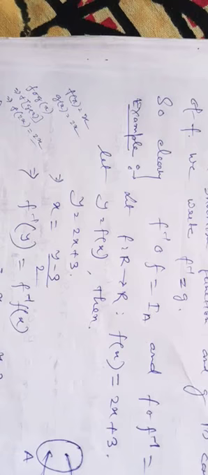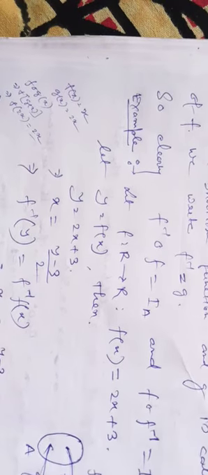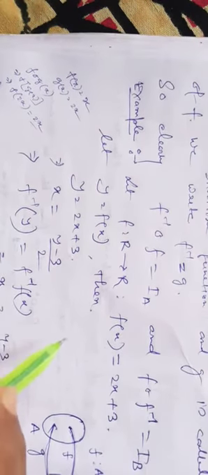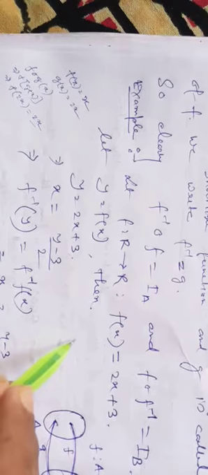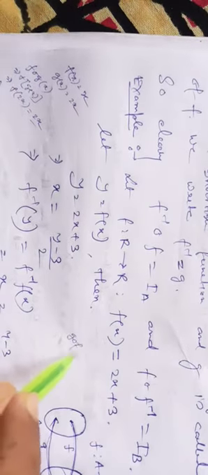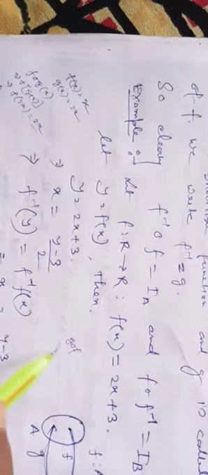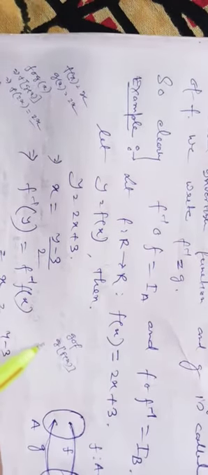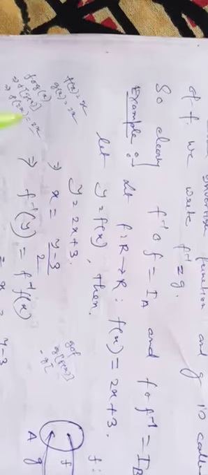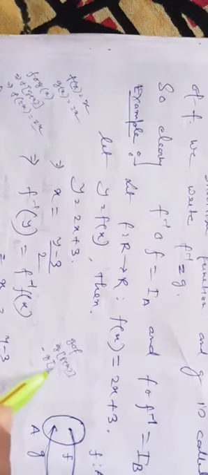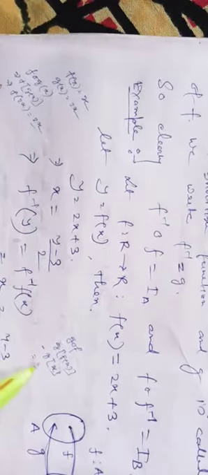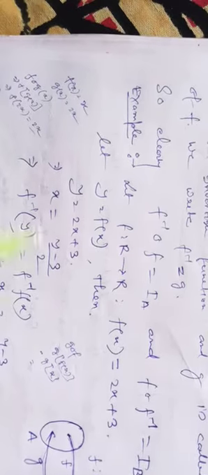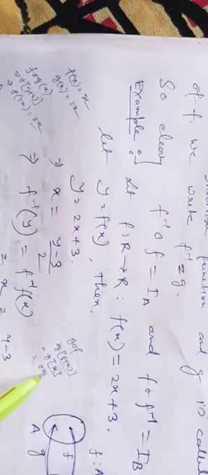Similarly, if we have to find g compose f, that means g of f(x). What is f(x)? It is x, so g of x, which is 2x.